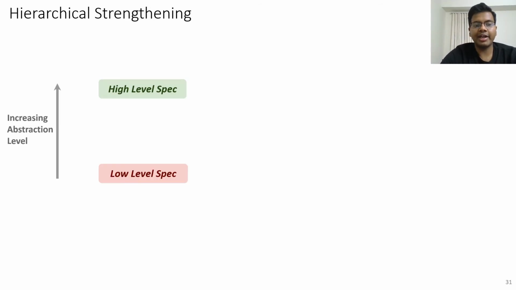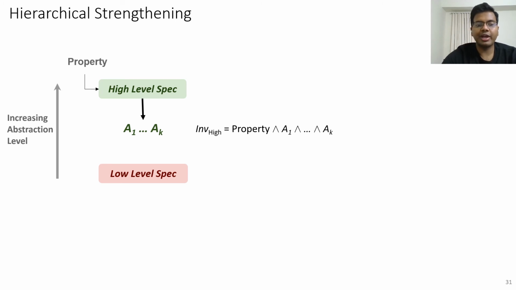Consider a two-level hierarchy, that is a high-level spec and a low-level spec. And let's say the verifier automatically proves the high level and produces an inductive invariant with k strengthening assertions A1 to AK. If you try to verify the low level spec independently, the verifier does not scale.